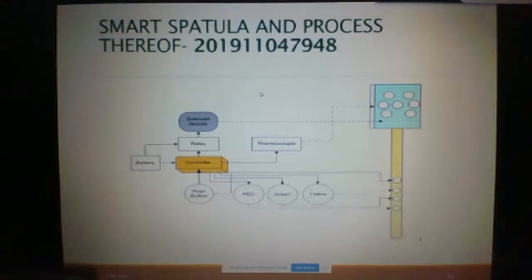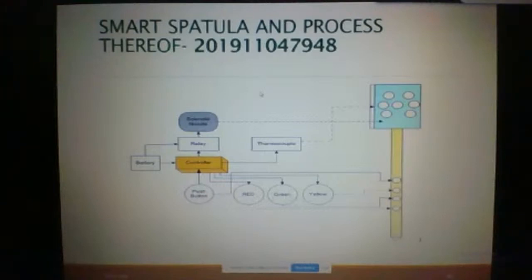Yes, this is the smart spatula and process thereof. What is it basically? It is a supportive device, an add-on device. Nowadays in a dhaba, you can see they are using the spatula for making parathas.